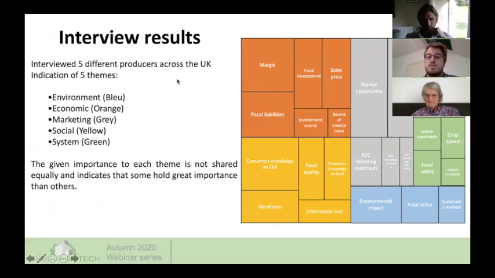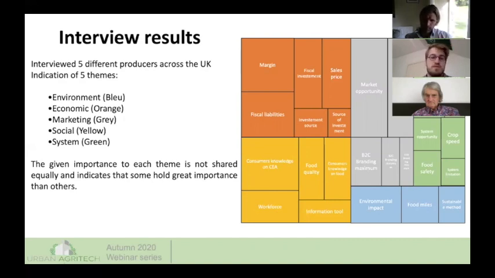Going more into the interview results, this was done by interviewing 5 different producers across the UK and asking them a series of predetermined questions, so they all underwent the same questionnaire. However, their responses, of course, differed. This data was then transcribed and coded in vivo to identify themes, 5 key general groups of themes, which are environment, economic, marketing, social, and the system itself.